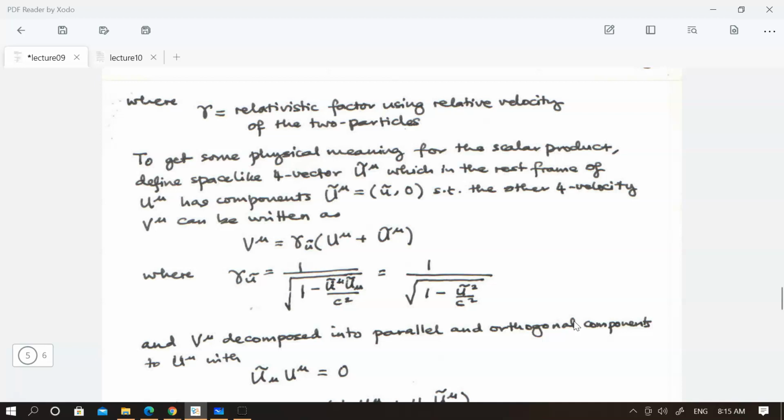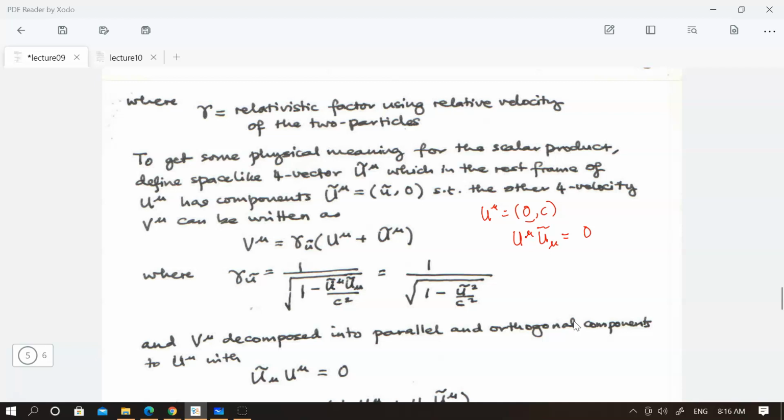Okay, but as you can see, earlier we have already fixed u mu to be equal to 0c. So the one that can be orthogonal will be something like this. You can see that u tilde mu is going to be equal to 0. So that means I would need to have a 0 here, so that when it multiplies this c, it gives 0, and then this one I can have essentially any non-zero component.